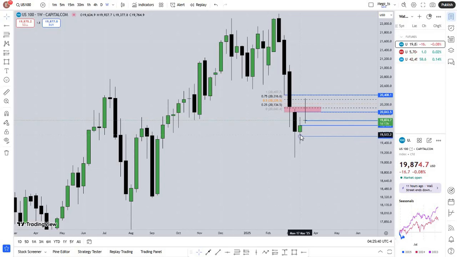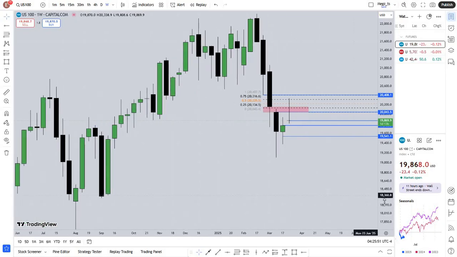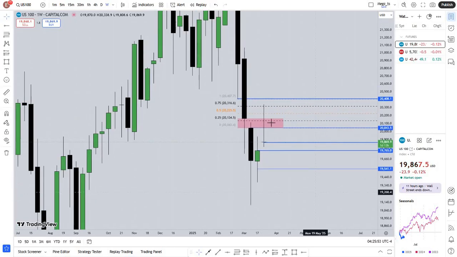So this was last week. I was expecting price to run lower, but we had a run into deep premium, sorry. You see the premium array that we have, this inefficiency right here. Whenever you have a volume imbalance inside an inefficiency, you include the volume imbalance into the fair value gap.